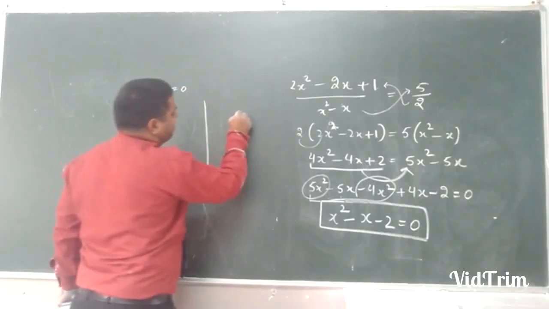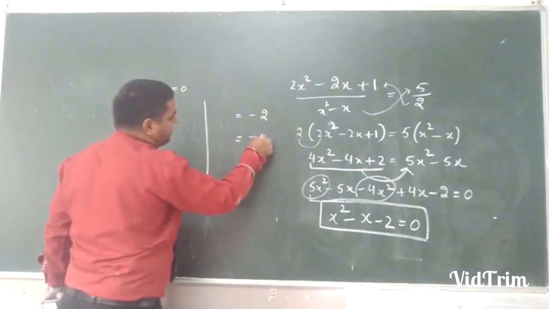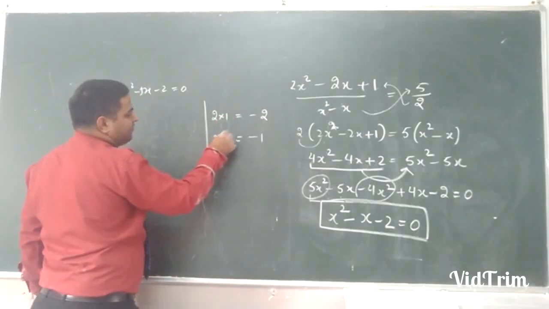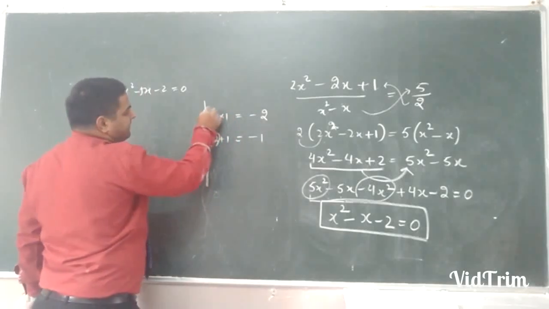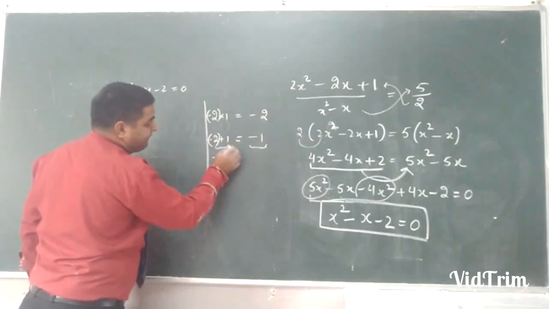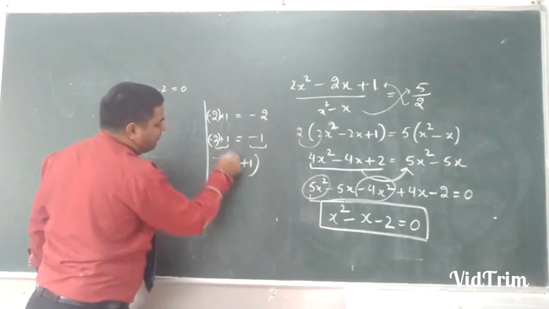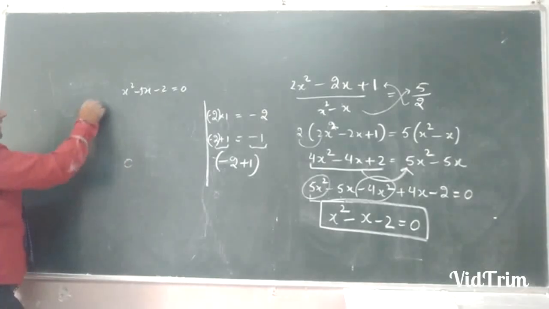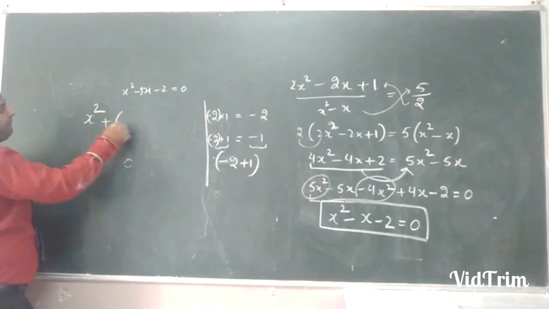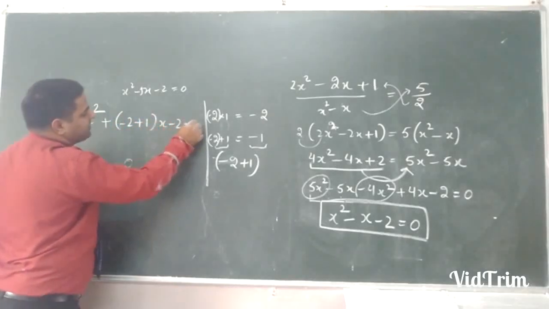So two numbers which when multiplied give minus 2, and when we add them we get minus 1. 2 into 1 is 2, and for 2 plus 1 we take minus 2 because the answer is minus 1. So the values we are getting are minus 2 and plus 1. So we get x squared, this minus 1x should be replaced with minus 2 plus 1 into x, minus 2 equals 0.